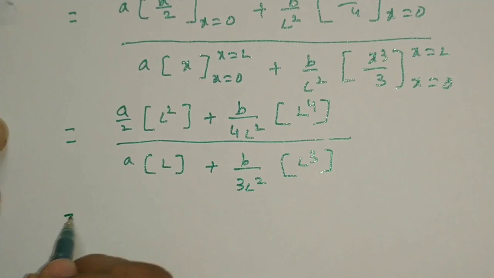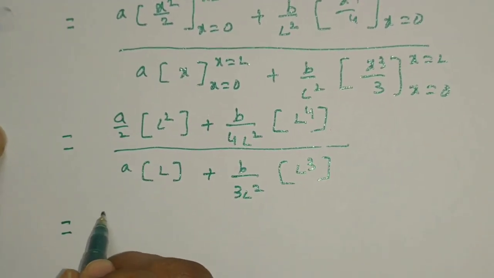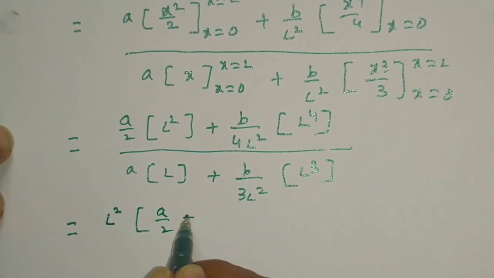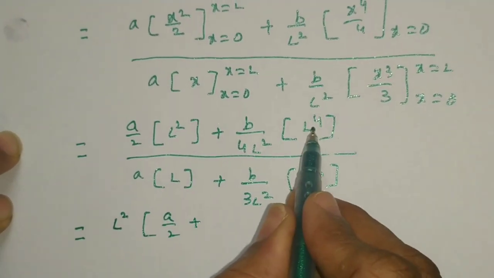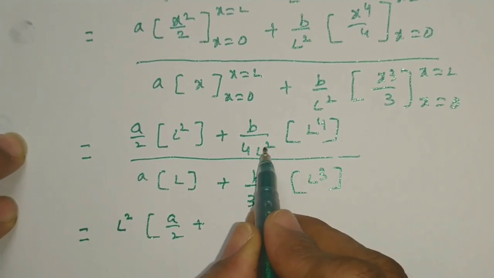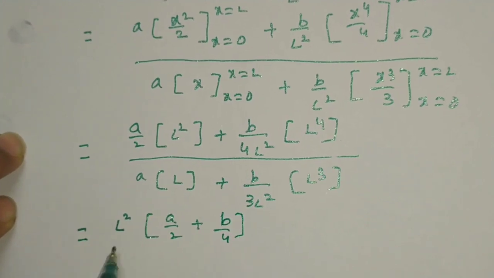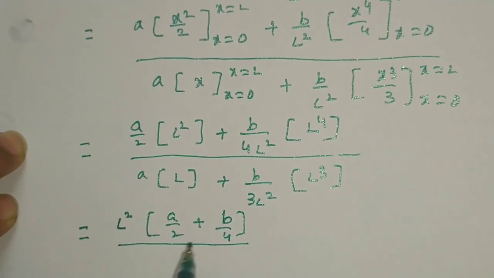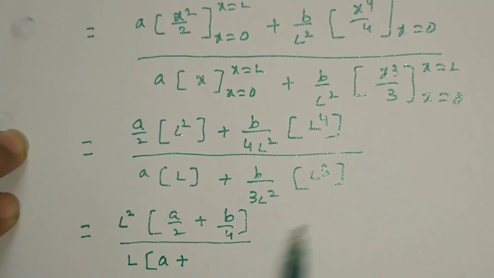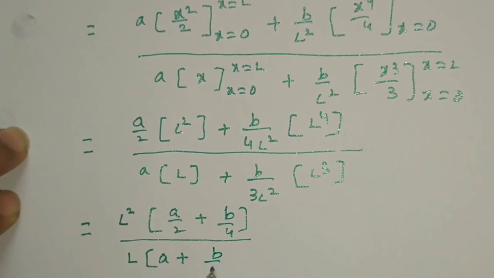In the numerator, L squared is common, and L squared by L squared cancels, so we get a by 2 plus b by 4. In the denominator, L is common, and again L squared by L squared cancels, so it becomes a plus b by 3.